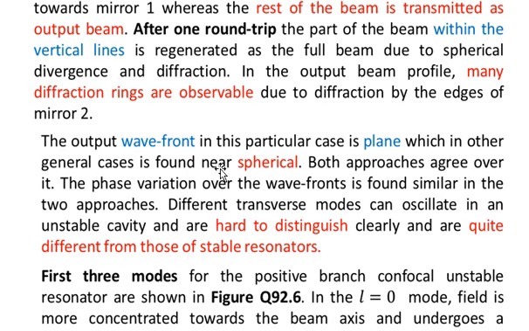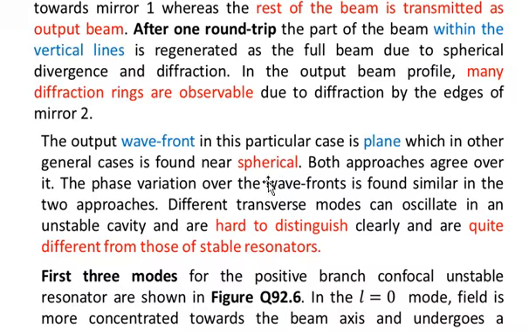But in general, it is found that it should be nearly spherical. Both approaches agree on this. That is, in the geometrical optics case, we have seen that the wavefront should be spherical, and in the case of the wavefront approach, we also see that the wavefront should be spherical in nature.